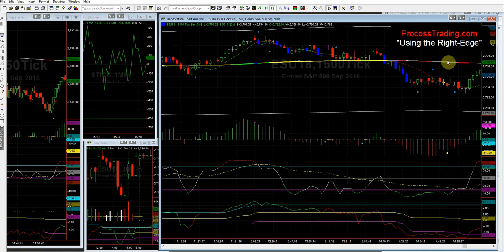Because remember, when we were putting our order in for this, when we're going short, we want to sell into weakness. Well, everything was starting to tell us the weakness is dissipating. So we would have been out of that one. So we would have had a couple good trades and been out of that one.